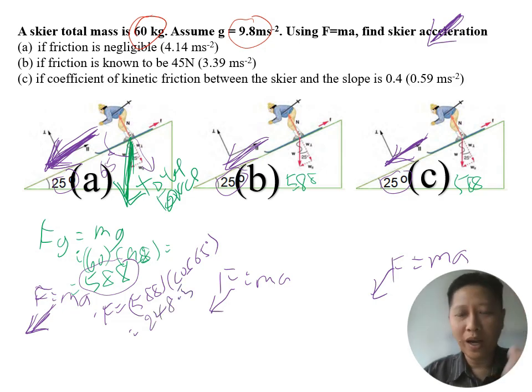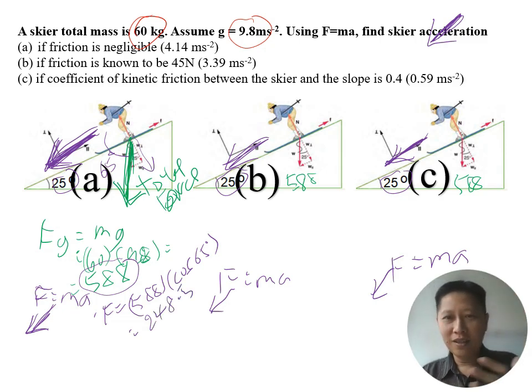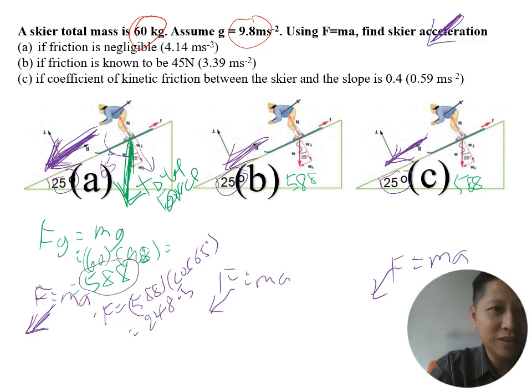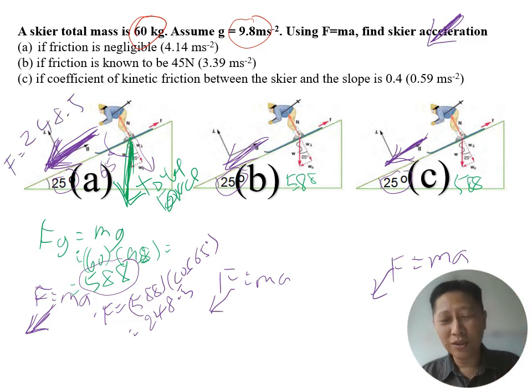It means that when we ask the skier what force he feels heading down at that 25 degrees, he'll say, oh, I can feel the 248.5 force.